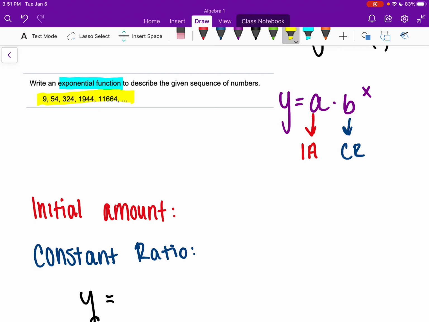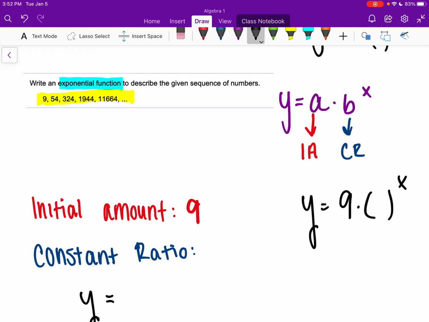Okay, my favorite thing to do is our initial amount because that's always what comes first. So the first number, we got 1, 2, 3, 4, 5 numbers, and the first one is 9. So 9 is our initial amount. So in my answer, I already know I'm going to have y equals 9 times something to the x.